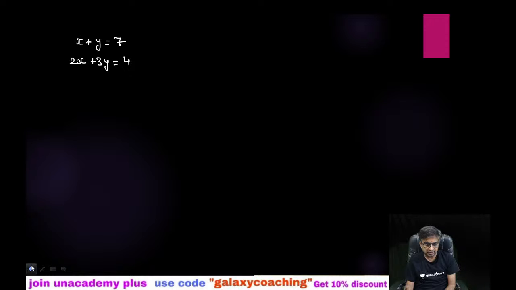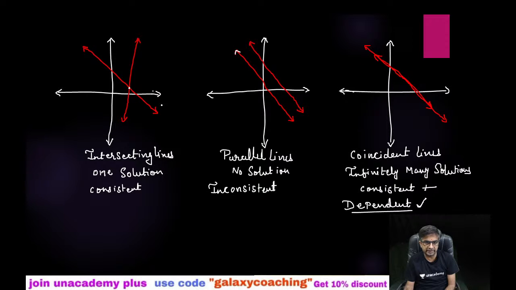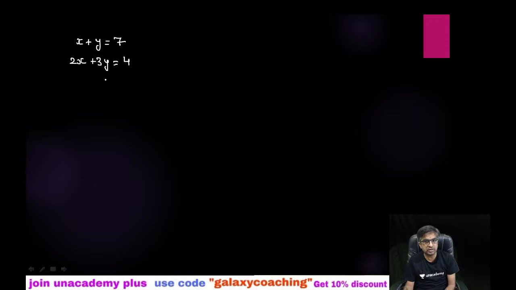Yes, to find whether we get intersecting, parallel, or coincident lines we can draw a graph, but we can also find out without a graph, by just finding the ratios of their coefficients.